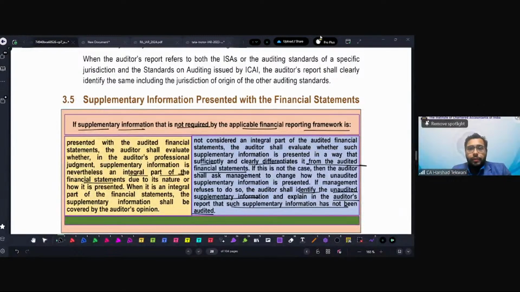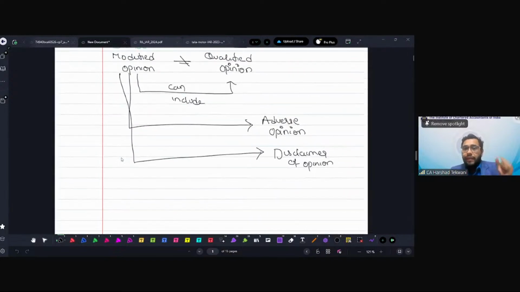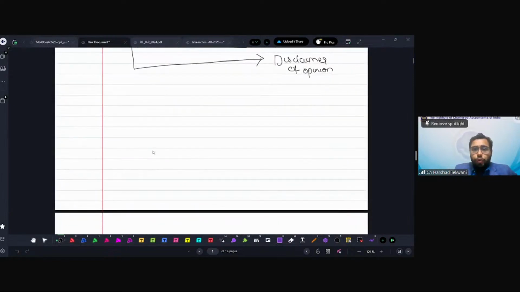Over here, we discussed different kinds of modified opinions, which could be a qualified opinion, an adverse opinion, or a disclaimer of opinion. First, we need to understand which opinion is to be issued at what time. We need to bifurcate between all three opinions, when to issue what. Then on the basis of that, we will understand what different reporting requirements it brings.